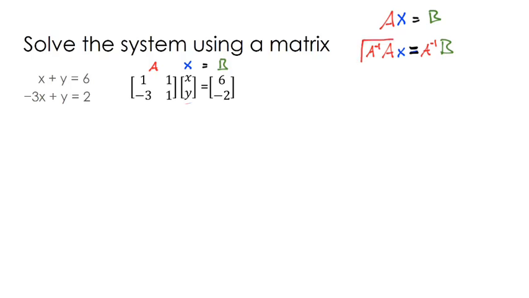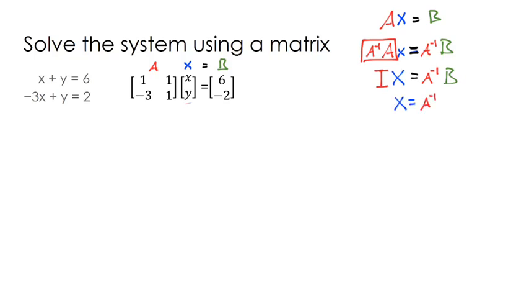Here's why this is important. If you watched my previous videos on inverses, you recognize that if I multiply a matrix times its inverse, what you're left with is the identity matrix. So we have the identity matrix times matrix X equals whatever A inverse B is. And when you multiply a matrix times the identity, what you're left with is just that matrix itself. It's like multiplying by 1 in matrices.